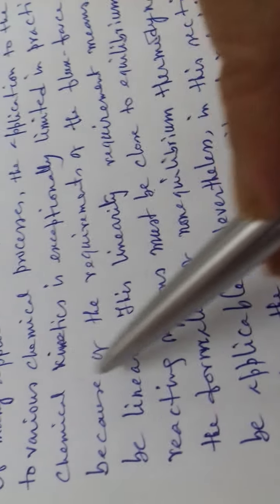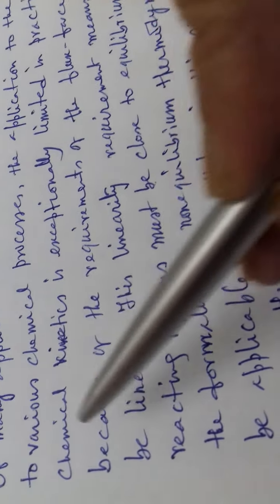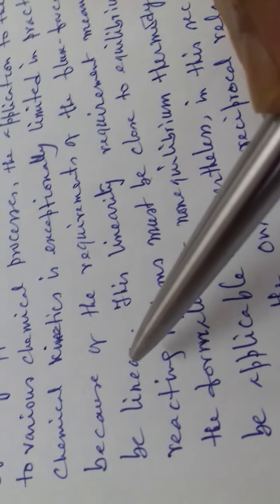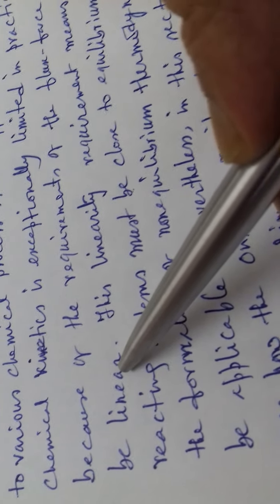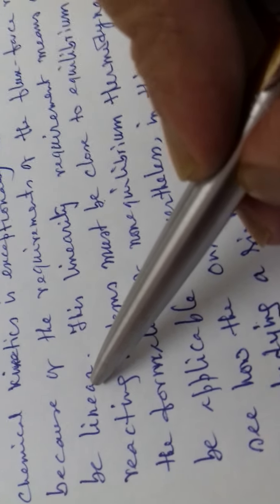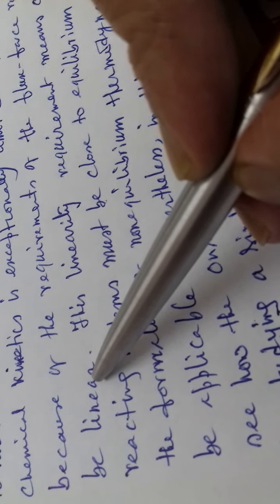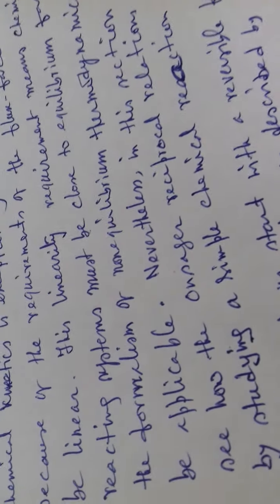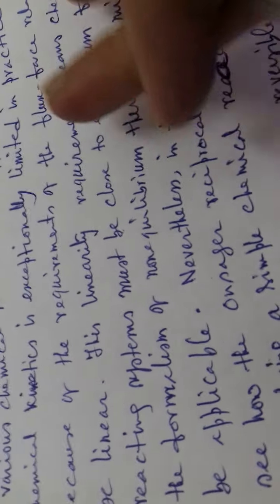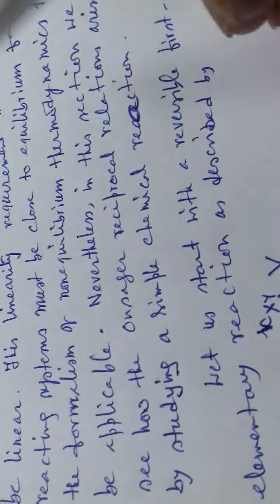So as we are in the linear flux force regime, but most of the chemical kinetic schemes are not linear. So in most cases, the version of non-equilibrium thermodynamics we are studying is not applicable. So here we need to stick to the simple linear flux force relation.